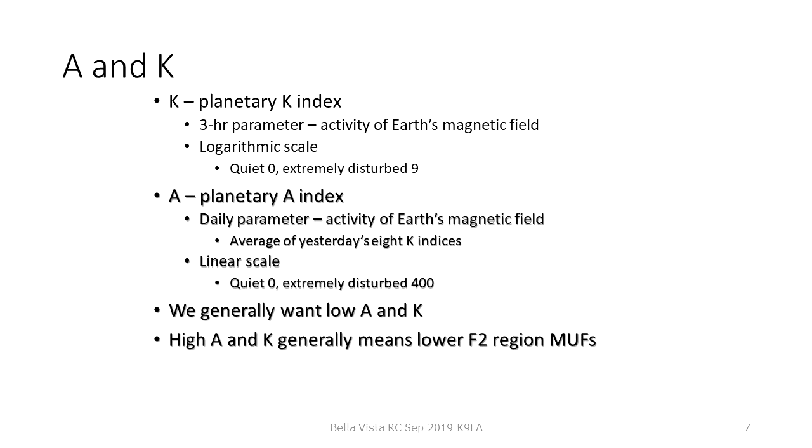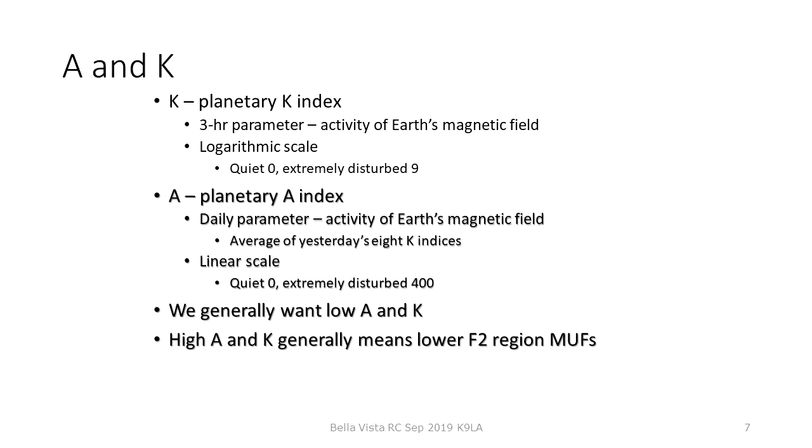That means the Earth's magnetic field is quiet and the F2 region is as good as it's going to get. High A and K generally means lower F region MUFs, which, for example, if 20 meters was open and the A and the K index spikes up for a long period, then probably 20 meters wouldn't be open.